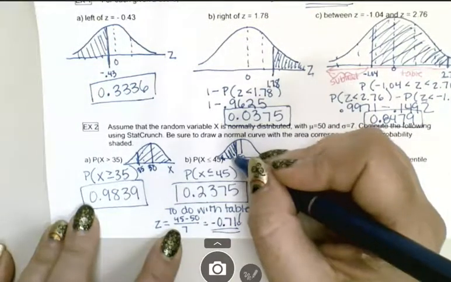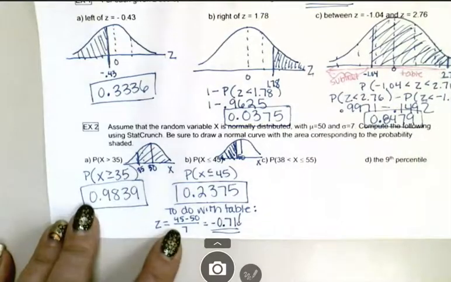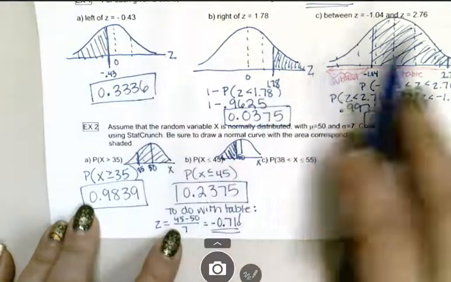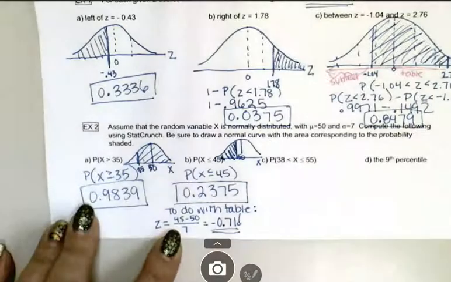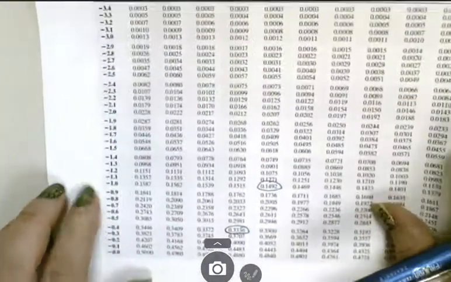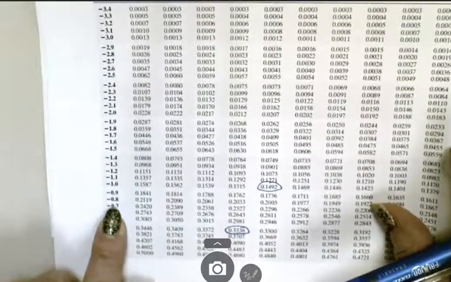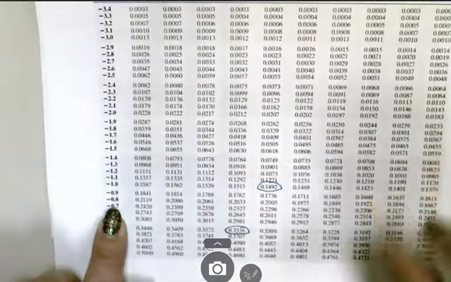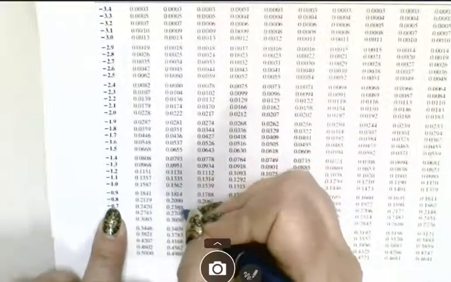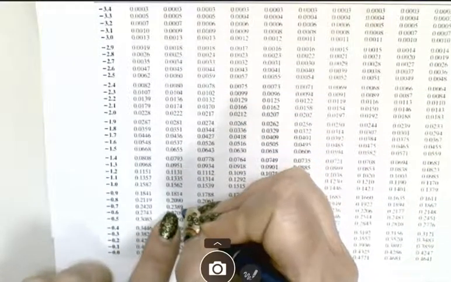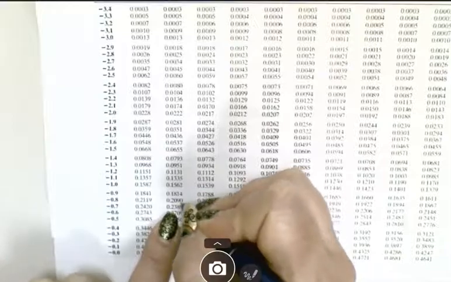Obviously, this one is to the left. If it were to the right or between, you would follow the same processes that I did in example 1. So if I go to -0.7, and then I just need a 1 here, that gives me 0.2389. So this one right here.